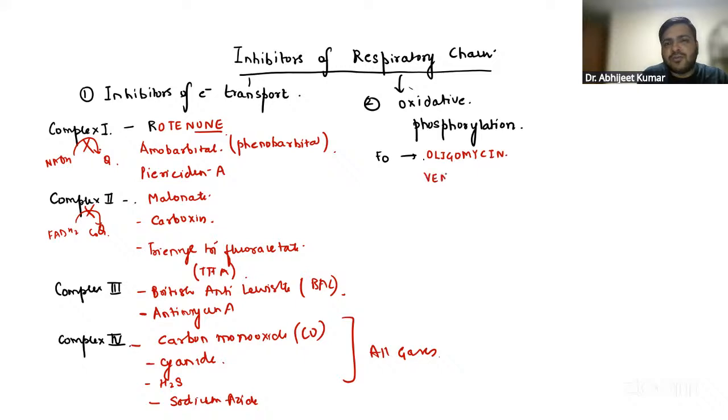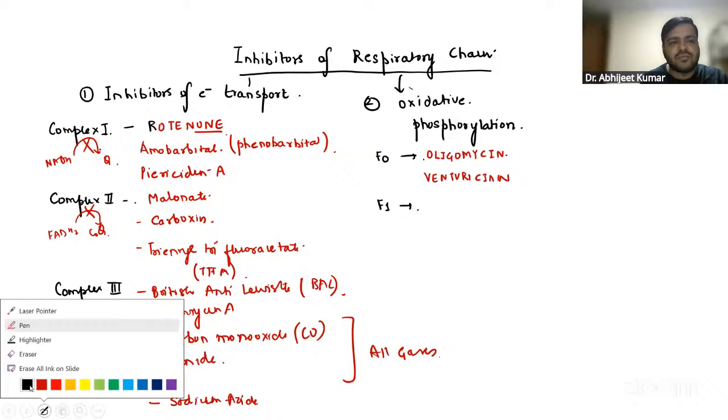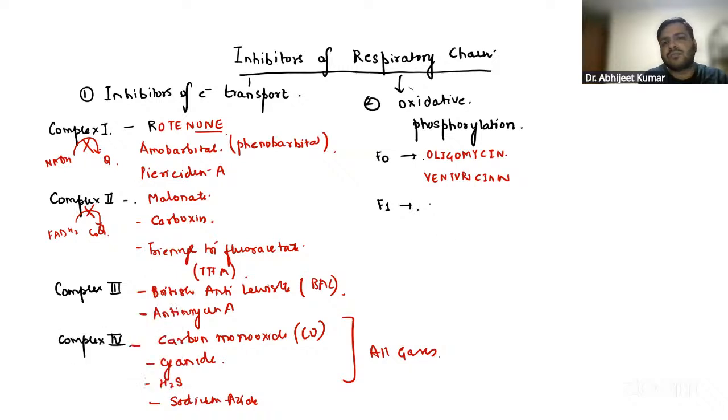We have venturicidin. For F1, we have aurovertin, right?